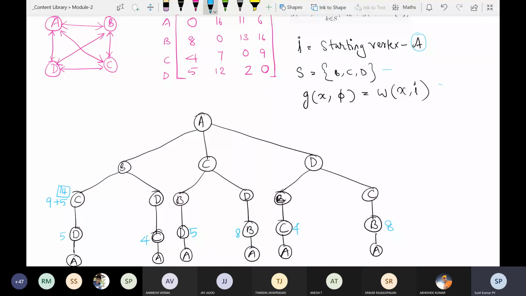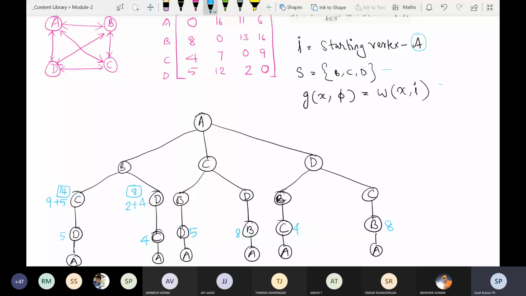Similarly, what is D to C and C to A? D to C is 2 and D to A is 4. So total 2 plus 4 is equal to 6 is the cost. Now similarly, B to D and D to A. B to D we have 16 and D to A we have 5.